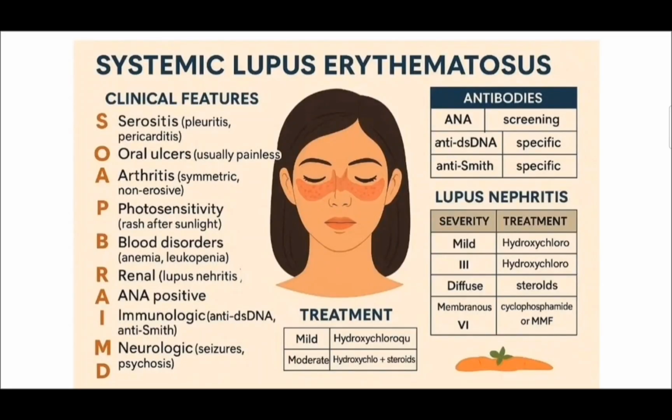With this, I'll move on to the clinical features of SLE. SLE is a multi-system disease with variable clinical presentation. It usually occurs in young women between 20 to 30 years but may manifest at any age. It predominantly affects women with a female to male ratio of 9:1.